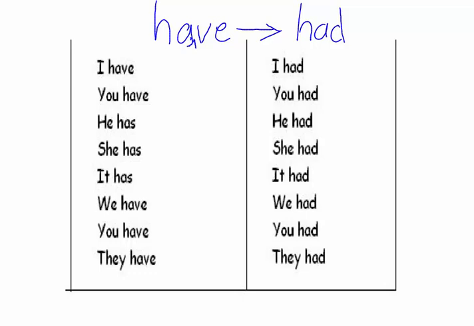I had a pen last night. So I have, that is present. I had a pen last night. You have, you had. So has, have, the past form is had.